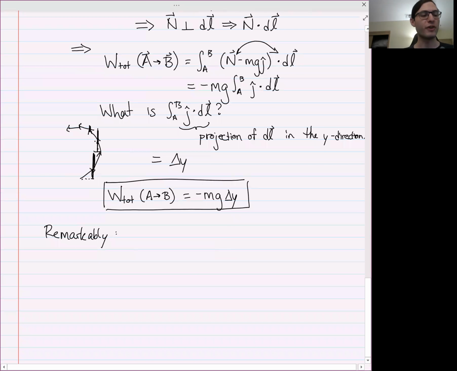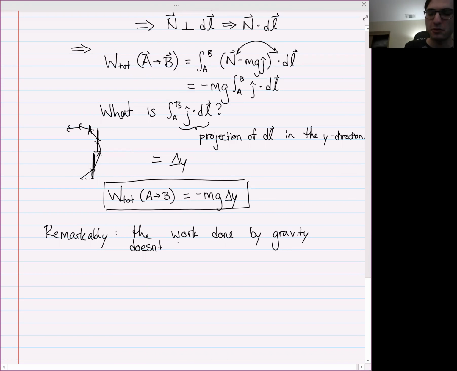So a remarkable fact is that the work done by gravity doesn't care about the path taken. It only cares about the initial and final positions.